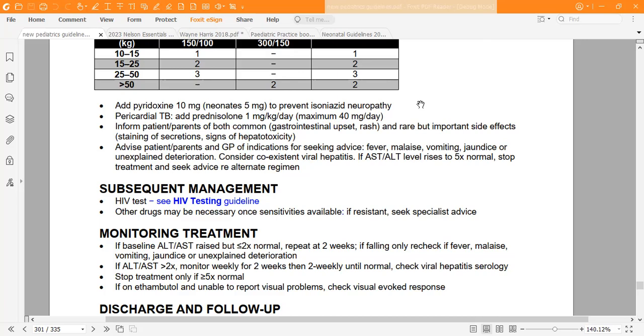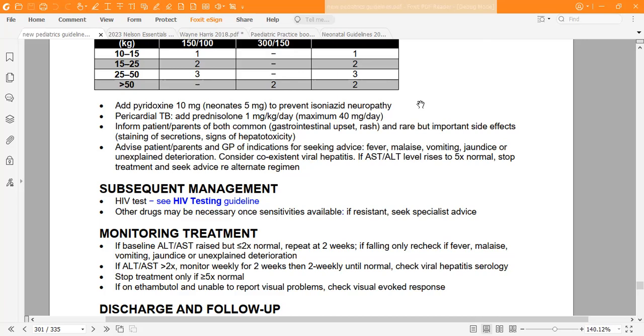Advise patients, parents, and GP of indications for seeking advice. If you get fever, malaise, vomiting, jaundice, or unexplained deterioration, consider coexistent viral hepatitis. Viral hepatitis may be coexistent with the TB itself.